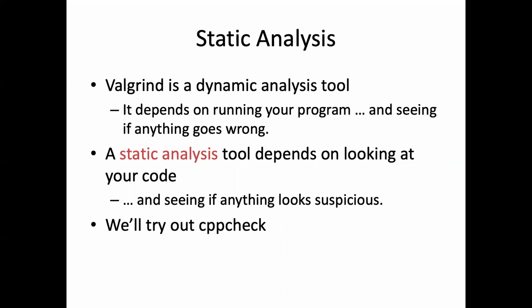Let's say you've got a potential buffer overflow, but it doesn't actually happen when you test your program. Valgrind isn't going to be able to catch errors that don't actually occur. Maybe it could occur on certain inputs, but maybe when you test your program, you don't happen to give it any of those inputs. So dynamic analysis is great for detecting errors, but they have to be errors that actually occur when something goes wrong.